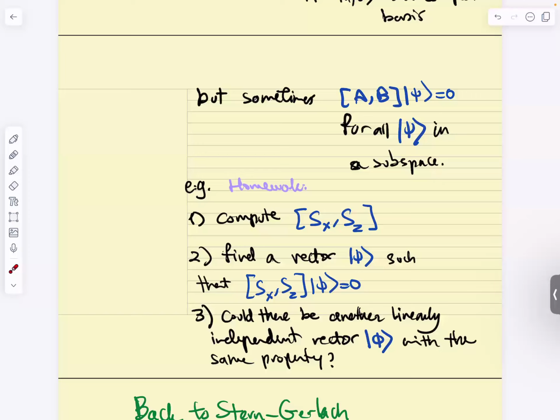This convention led to very explicit 2x2 matrices for the Sz, Sx, and Sy observables. They're called Pauli matrices, up to a factor of h bar. Then we talked about compatible and incompatible observables. Compatible observables are those that could be simultaneously measured, and incompatible are the ones that could not. Quantum mechanics is non-trivial because there exist observables that could not be simultaneously measured. All right, thank you so much.